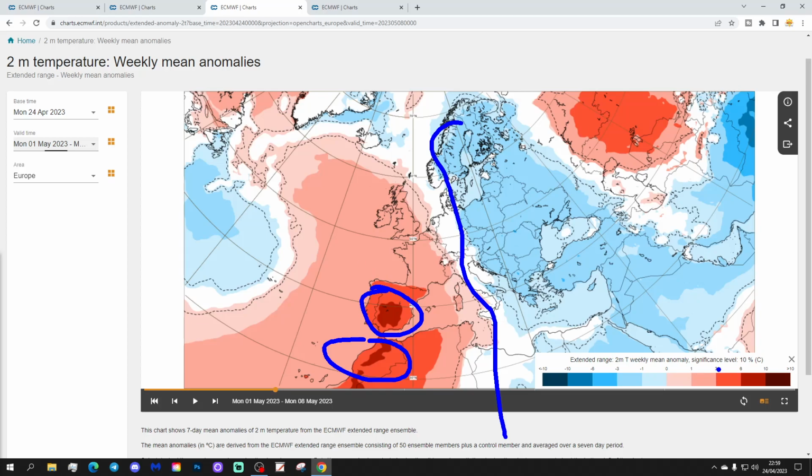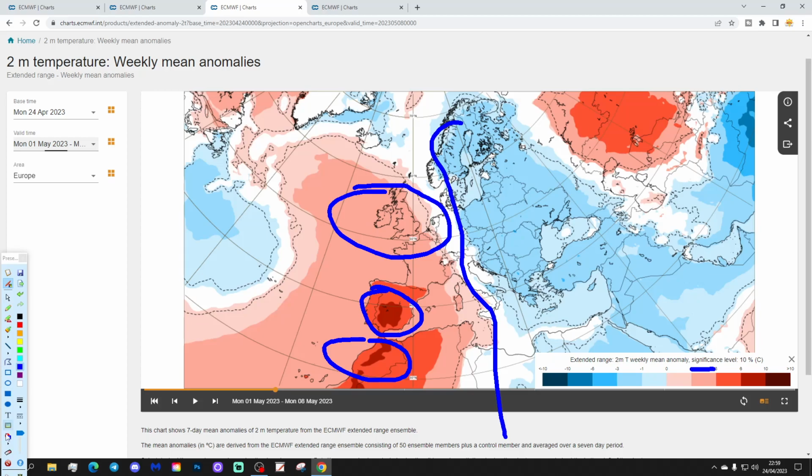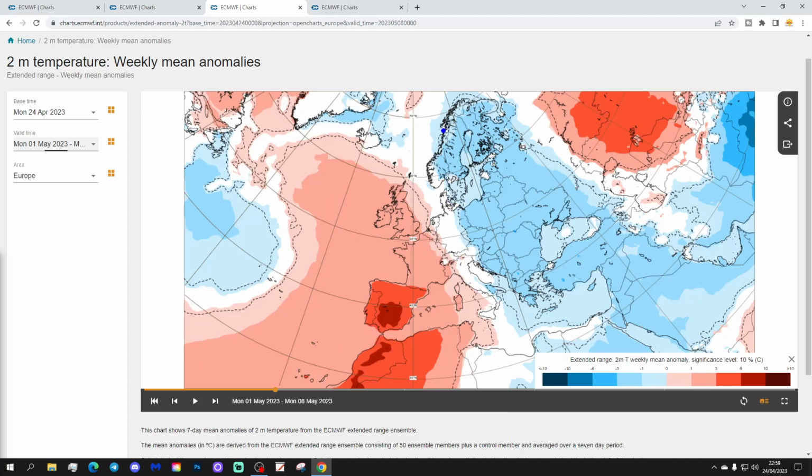On the temperature anomaly scale, we can see around 1 to 3 degrees above average for the UK, Ireland, and France, but it's hotter than that further southwards in Spain and northern parts of Africa. East of that, it turns cooler, with Scandinavia coming out with below average temperatures.